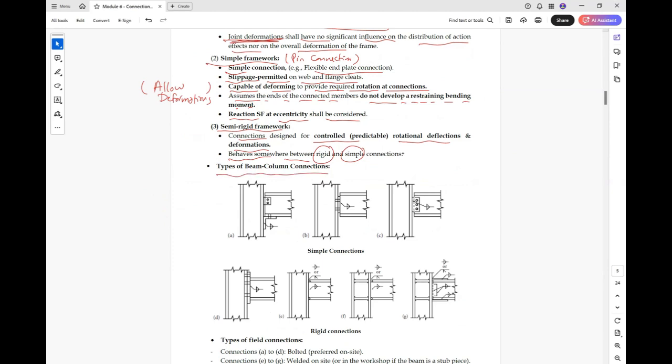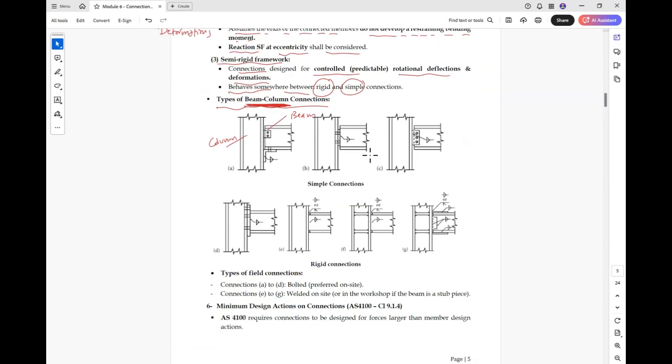In this figure, there are some examples of beam column connection. So it's between column and beam. For the first line, the first three images, we have simple connections. Simple connections just mean that there is no moment transfer between the two members.